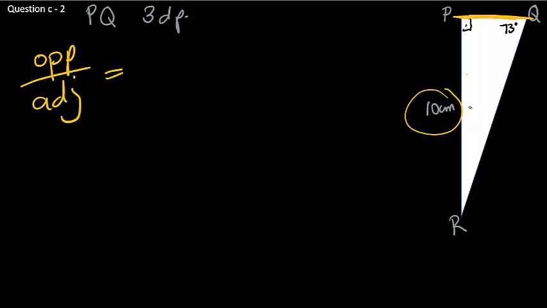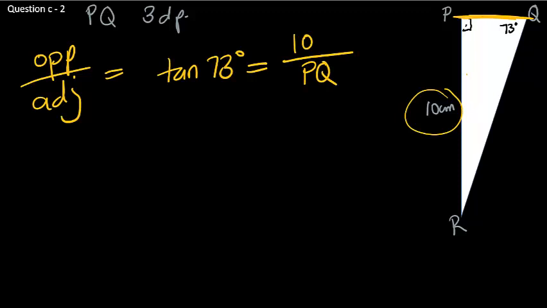Opposite over adjacent is actually tan of 73 degrees. And tan of 73 degrees, when we change the values, opposite is 10 centimeters over PQ.